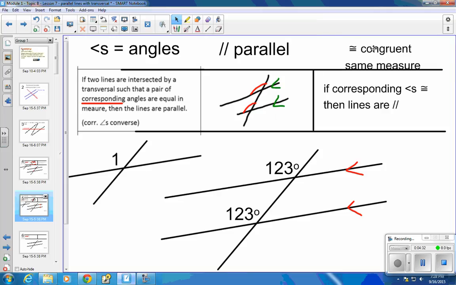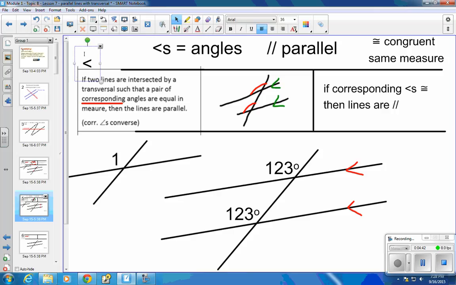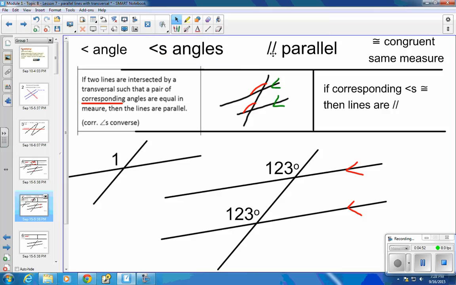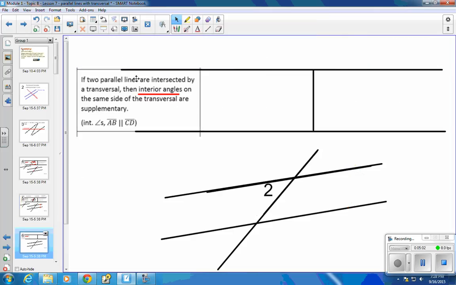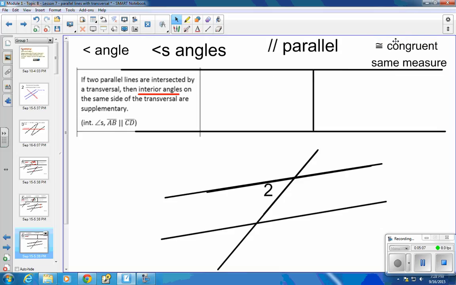So congruent, same measure. So parallel, symbol for angles. And if you just want one angle, you can just have that means angle. So we've got angle, we've got angles, we've got parallel, and we've got congruent for different symbols. And we'll just keep those coming onto our different lines so we know what we're talking about here.